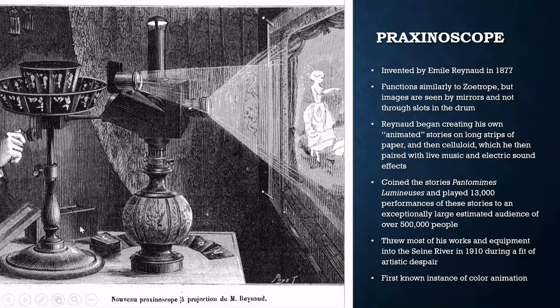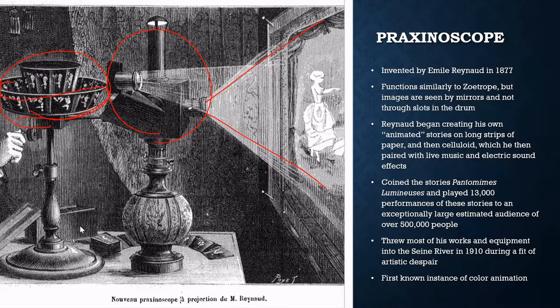And it's very similar to what we call a praxinoscope. Instead of having the images on the inside, it had images along the outside that are then reflected in a mirror. And because of this, you could set up a praxinoscope right in front of a projector and project it on the screen almost like a little movie.